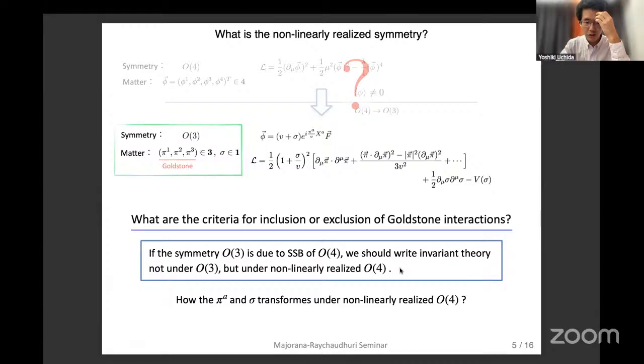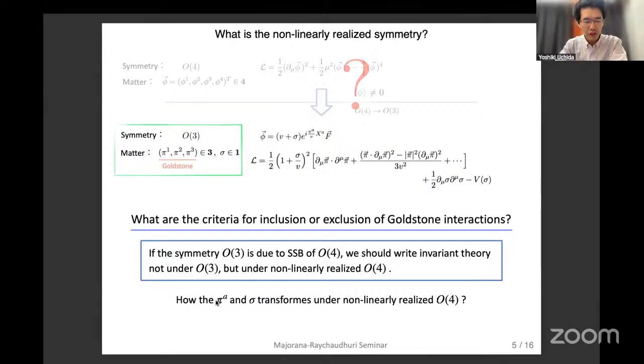We still don't know what the nonlinearly realized O4 symmetry is, but let us assume this statement is correct. So somehow the O3 invariant EFT is not enough to describe the low energy theory, but we should write the O4 invariant theory.